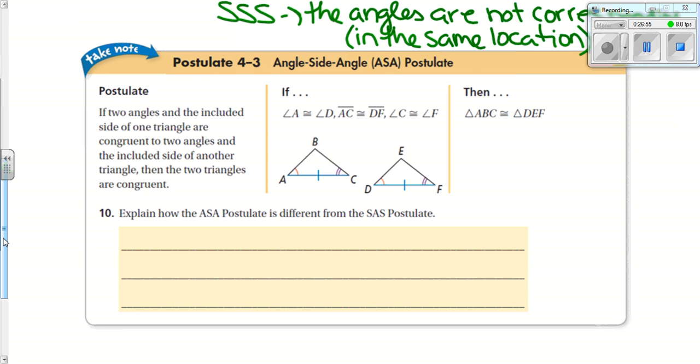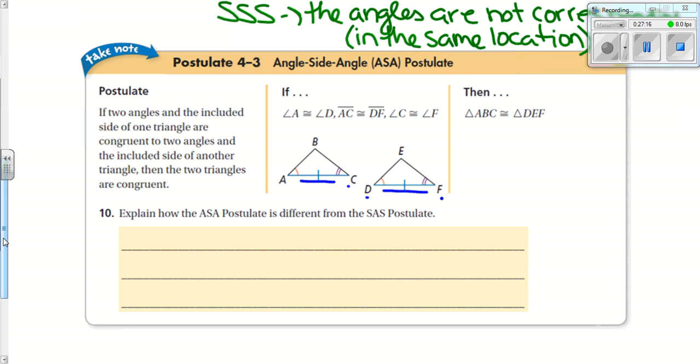So if 2 angles and the included side of one triangle are congruent to 2 angles and the included side of another triangle, they are congruent. So if A is congruent to D, AC is congruent to DF, and C is congruent to F, then we can say that the triangles are congruent. So let's take a second and explain how ASA is different than SAS.